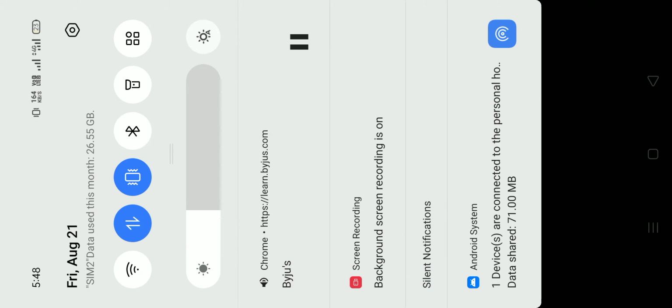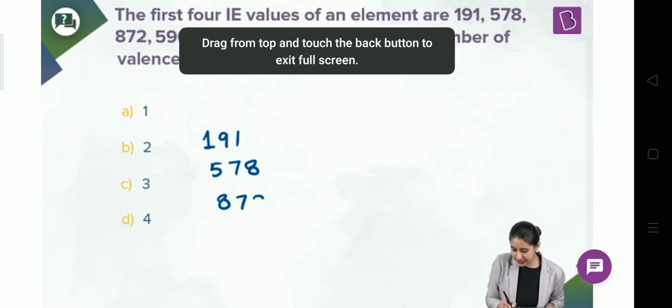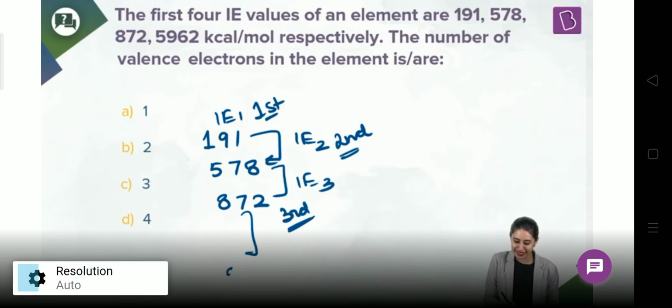Clearly, observe that we have 191, 578, 872 as IE1, IE2, IE3. Removal of the first electron, second electron, third electron is pretty simple. But it is taking a huge amount of energy to remove the fourth electron, isn't it?